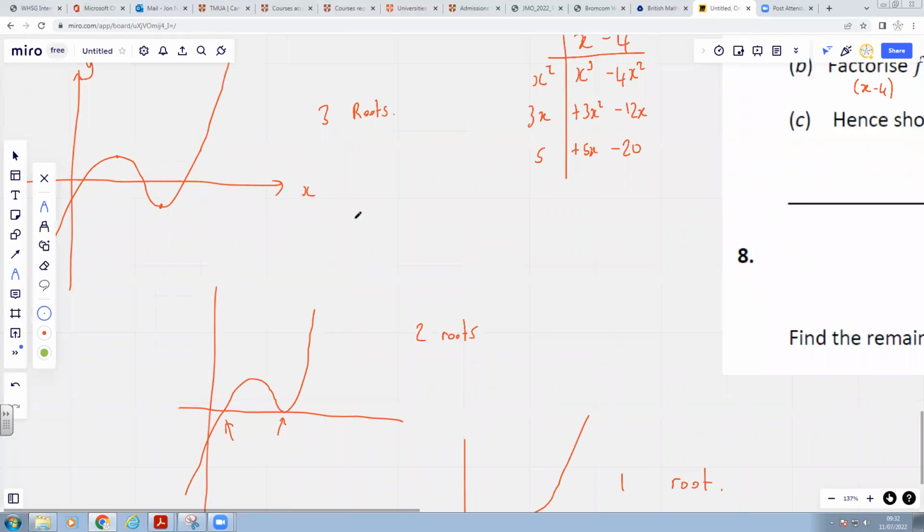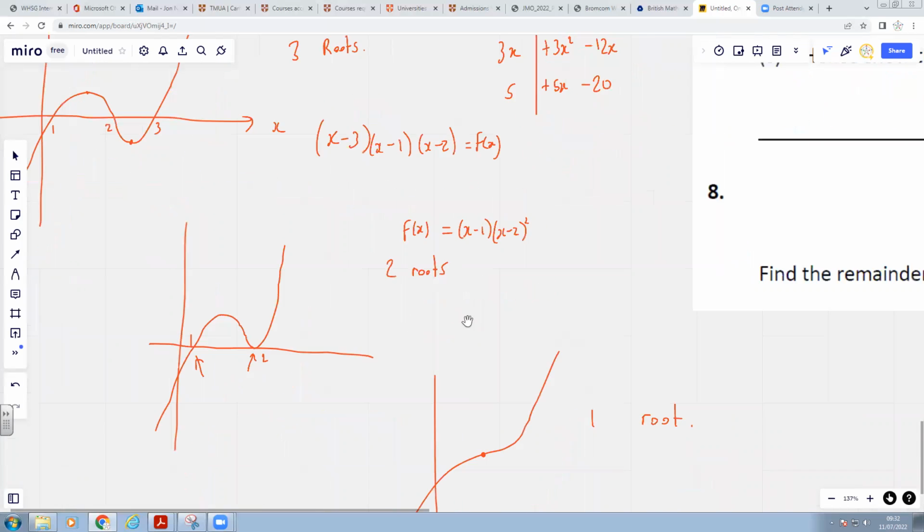Well, an example where it's got three roots is where your cubic is something like that, that is your f of x, because then you're going to get roots at 1, 2, and 3. An example of an equation where you get something like this would be x minus 1, x minus 2 squared, because then you're going to have a root there, but a repeated root here.